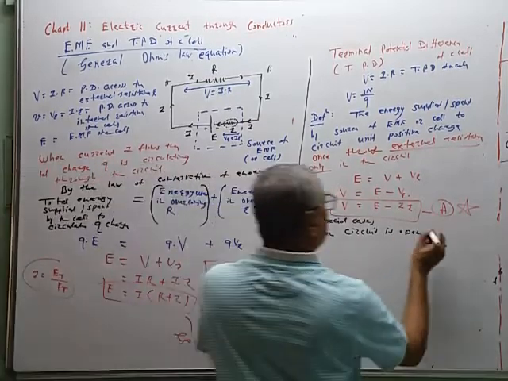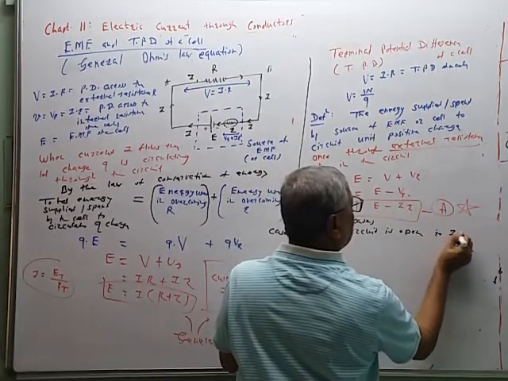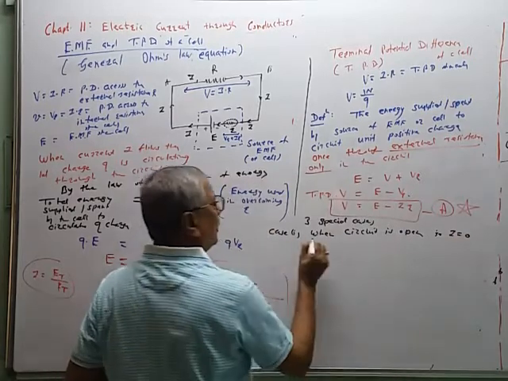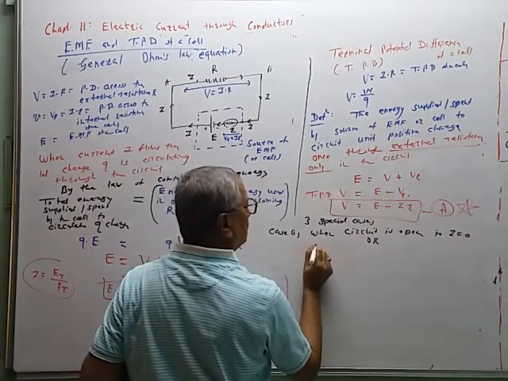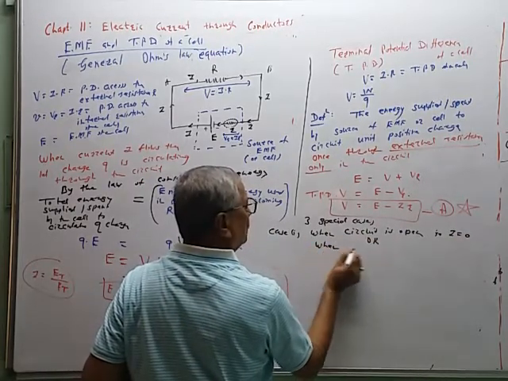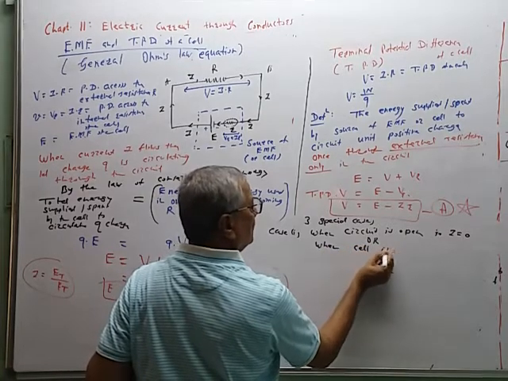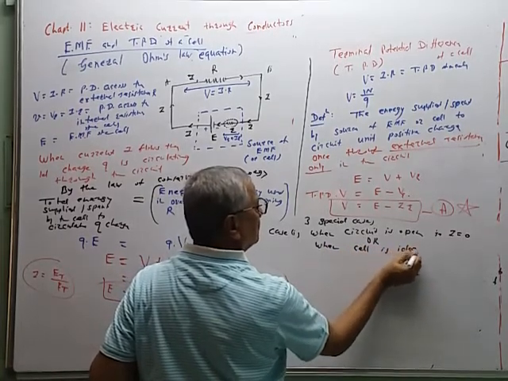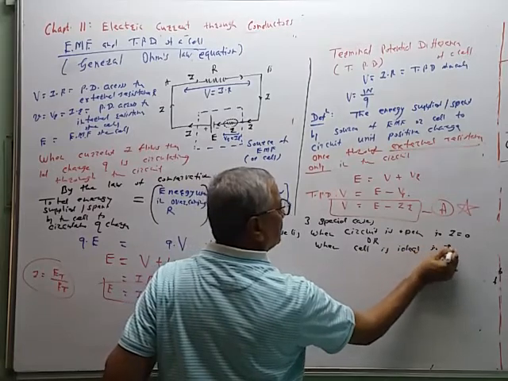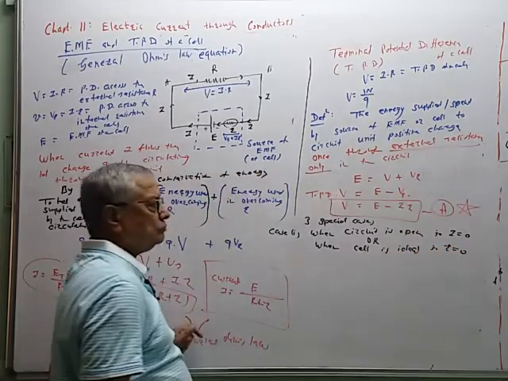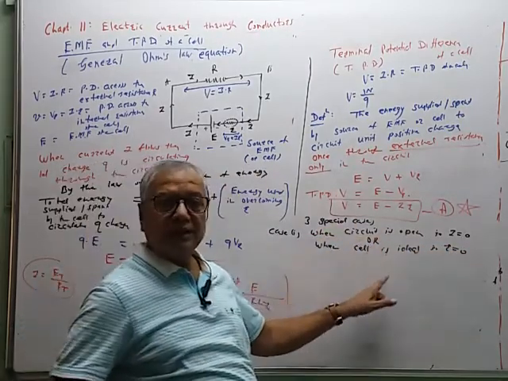When the circuit is open, that is I is equal to 0, or when the cell is ideal, that is internal resistance R is equal to 0. दोघांपैकी कुठली पण एक केस घ्या.